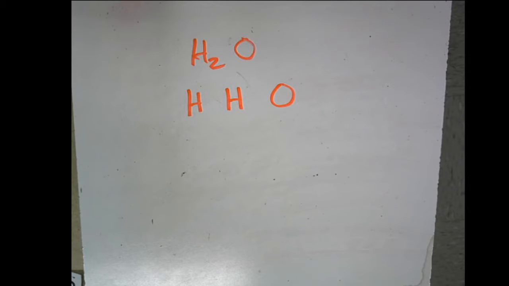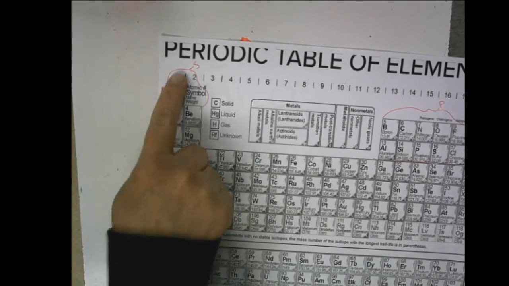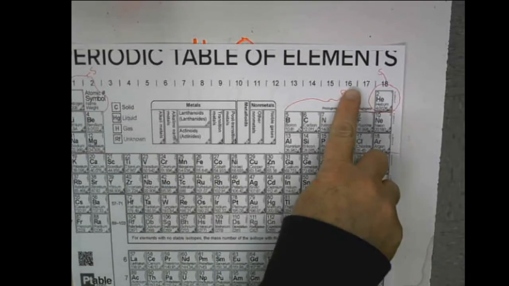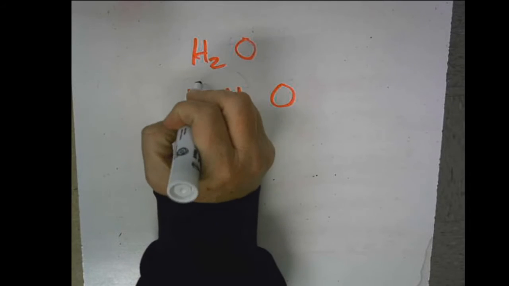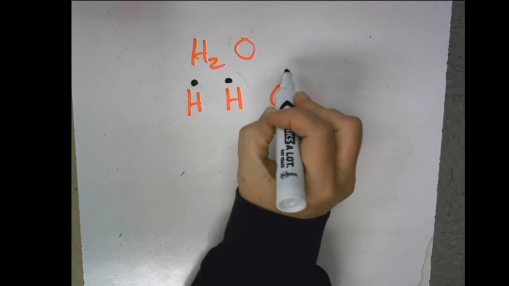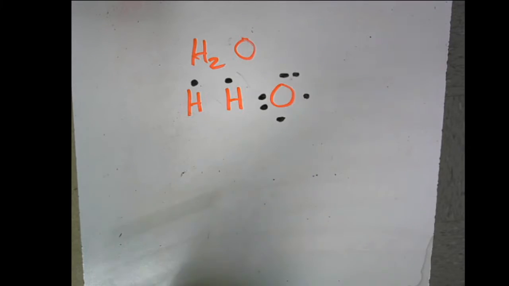If you remember, hydrogen is in group 1, so it has 1, and oxygen is in group 16, so it has 6. So hydrogen each has 1, oxygen has 1, 2, 3, 4, 5, and 6, okay?